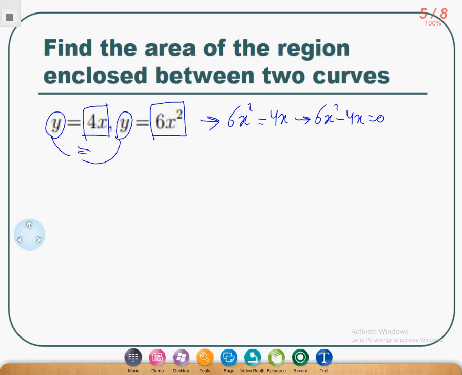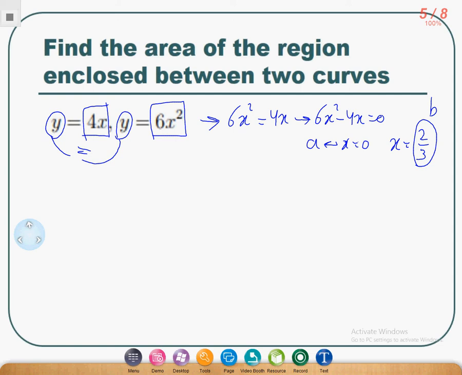So the answer will be x equals 0, and the second value for x will be x equals 2 over 3. For sure, the smaller value will be A and the bigger will be B. So you got the values of A and B.